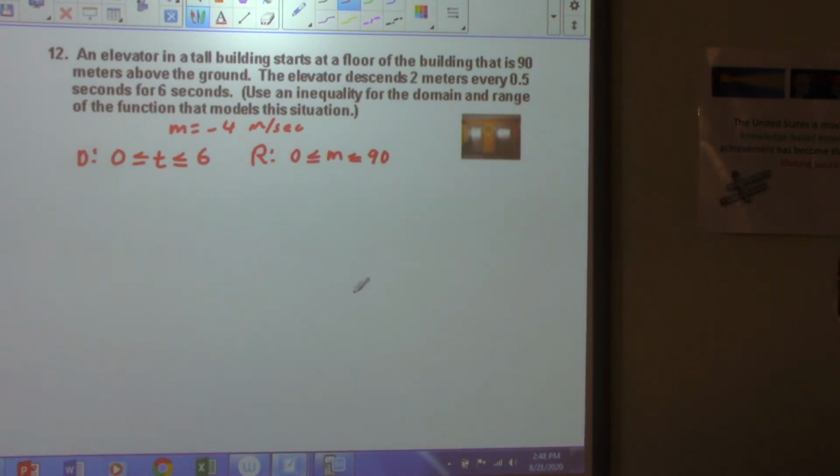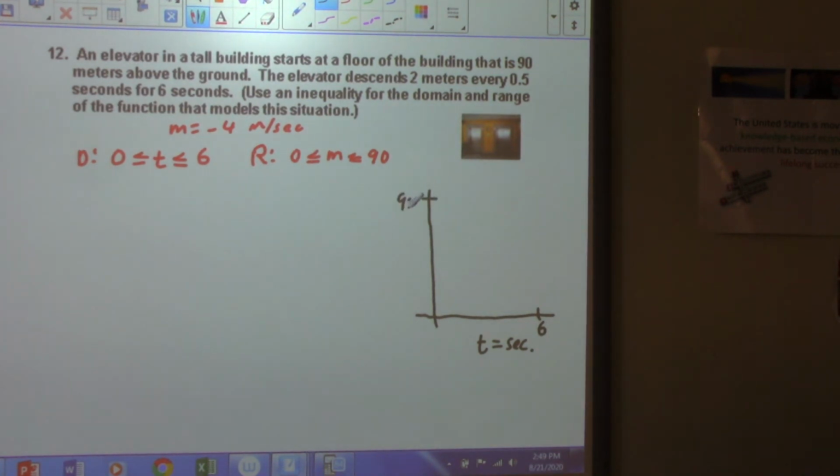Yeah, let's take a look at the graph. So we have this graph over here, and we know we're talking about time equals seconds, right? And we know we have 6 seconds total. And what's the starting height? 90, right?